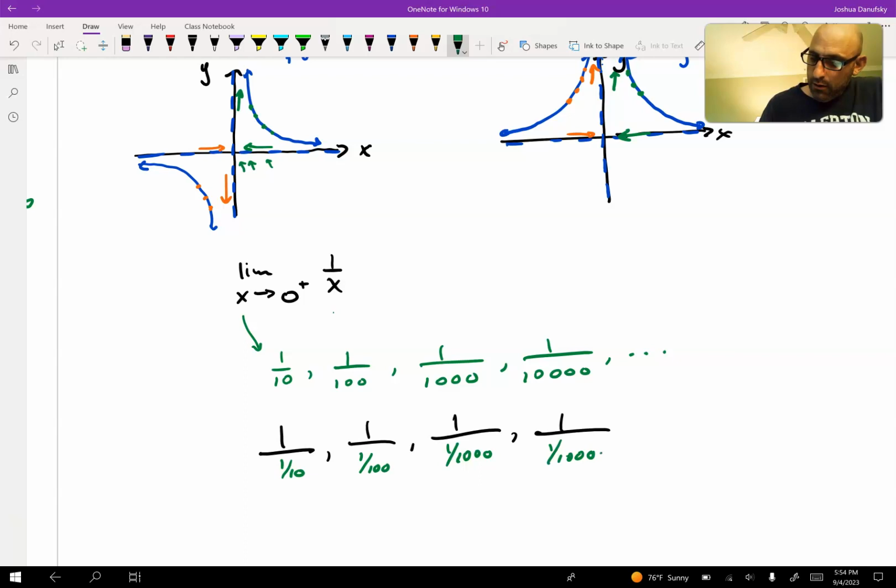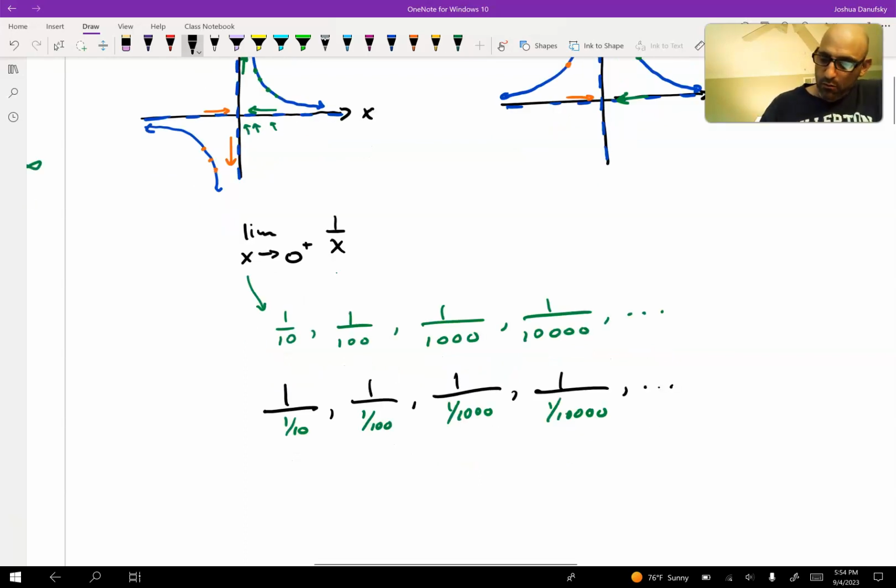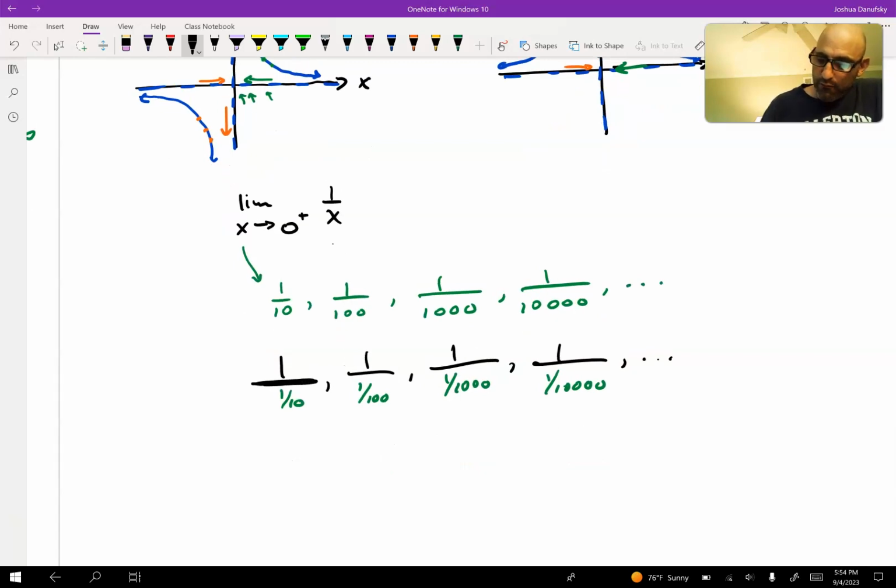As we remember from algebra, these fraction bars can be thought of as division. So we have 1 divided by a tenth, which is the same as multiplying by the reciprocal. Same thing with 1 divided by 1 over 100, that's like multiplying by the reciprocal.